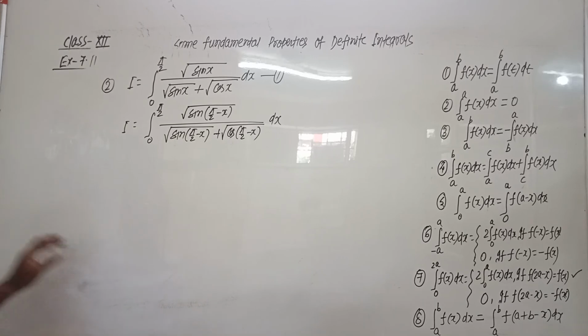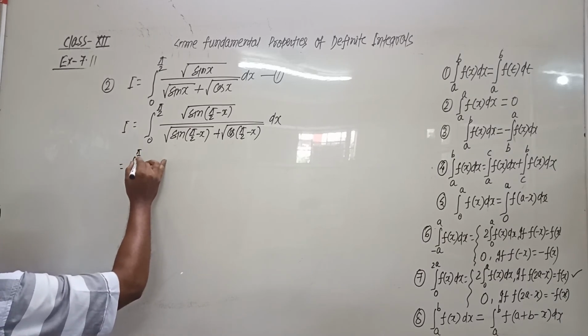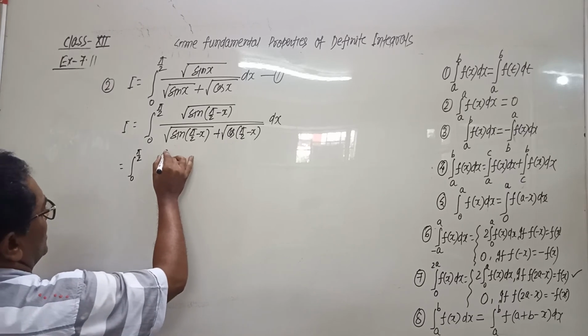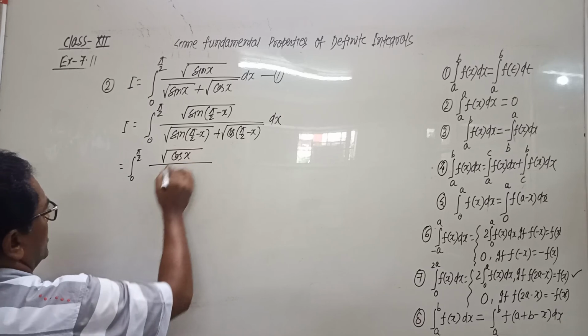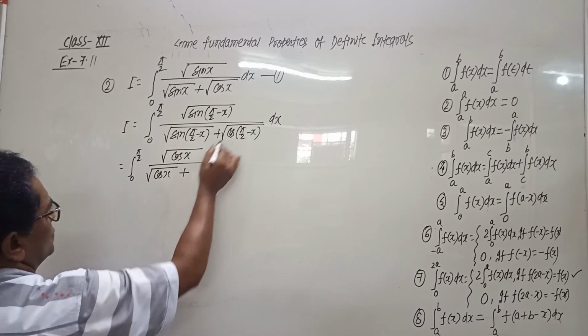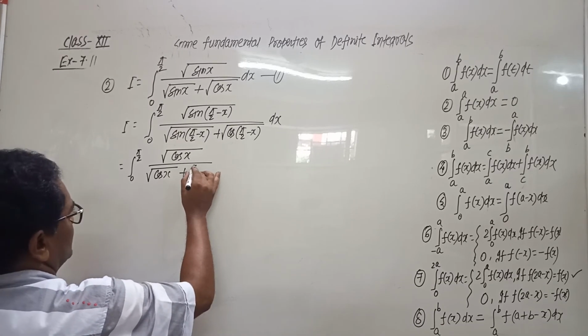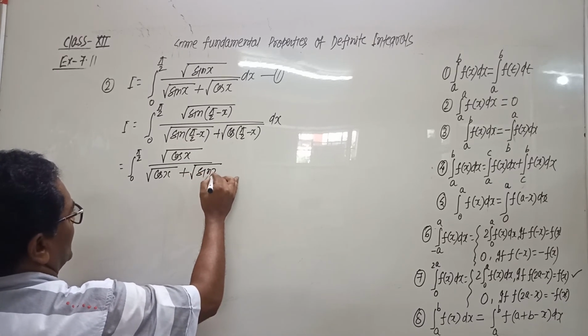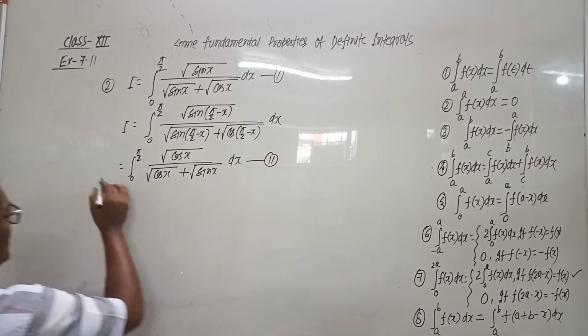Then sin of 90 minus theta gives cos theta. So 0 to pi by 2 root of cos x upon root cos x plus root of cos of 90 minus theta, this becomes sin x dx. Name it second equation.